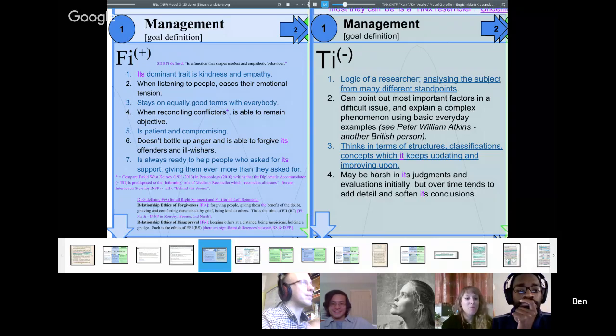Well, then the second point, I'm not sure if I'm able to ease their emotional tension. I like to do that, but I'm not sure if I'm just someone who cheers others up. I don't like to do that.